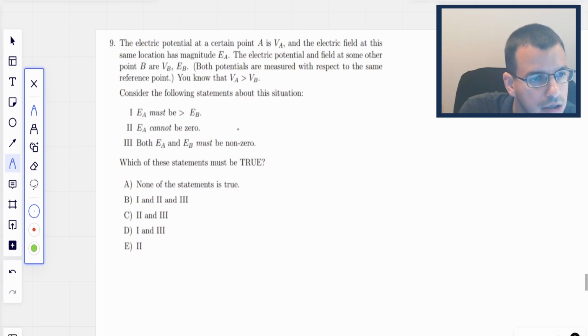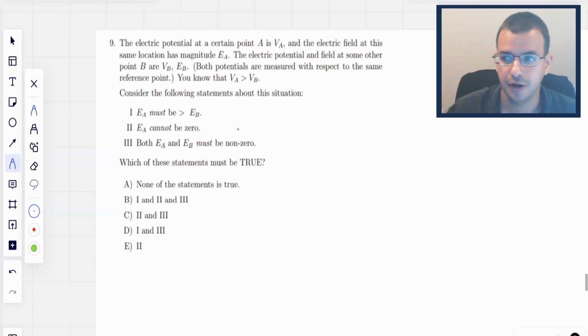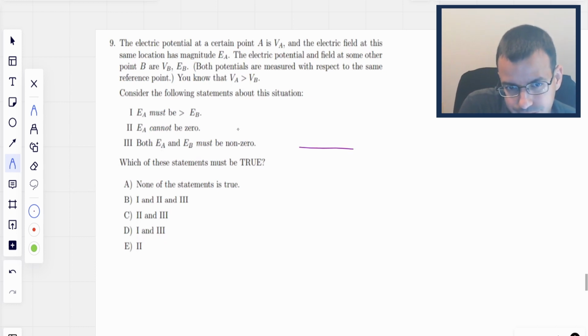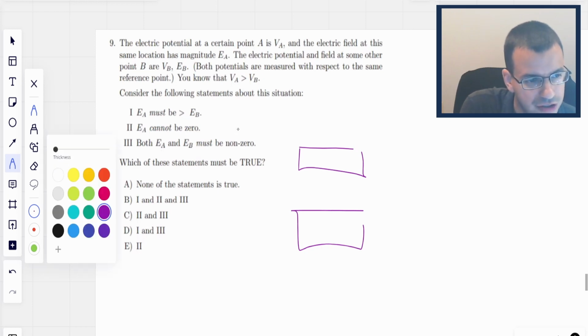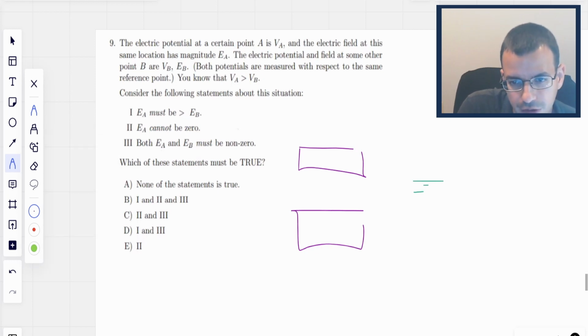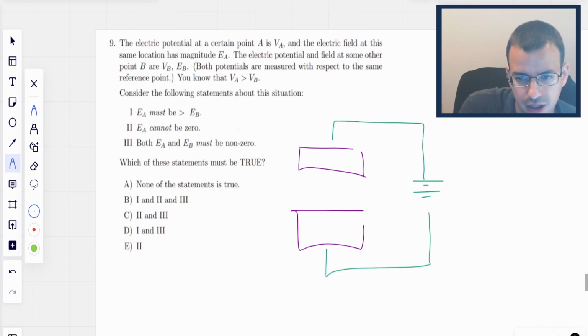All right. So we have an electric field comparison. There are basically two examples that I use when we're talking about electric fields and voltage. The first example is a parallel plate capacitor with a battery.